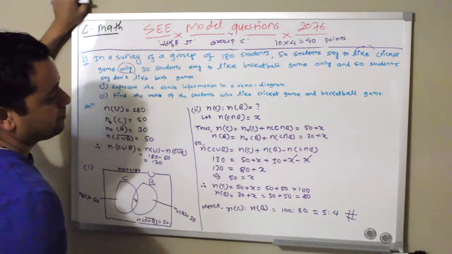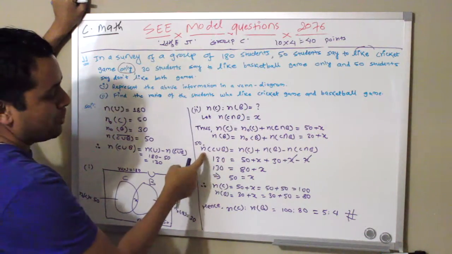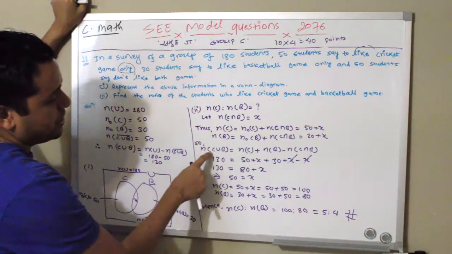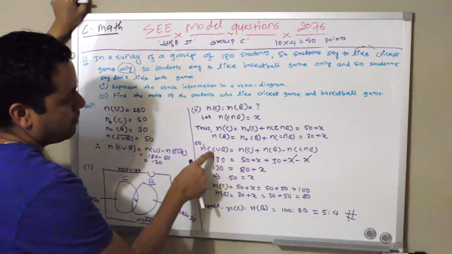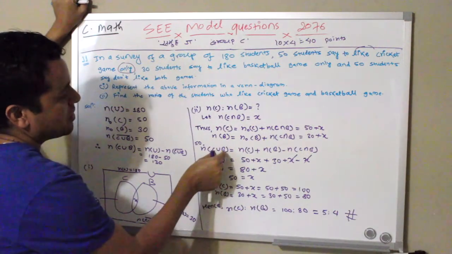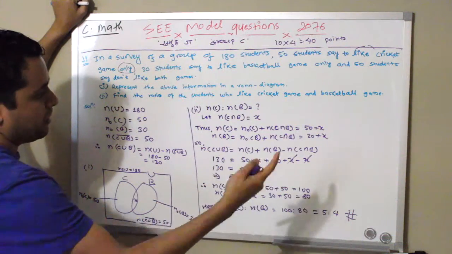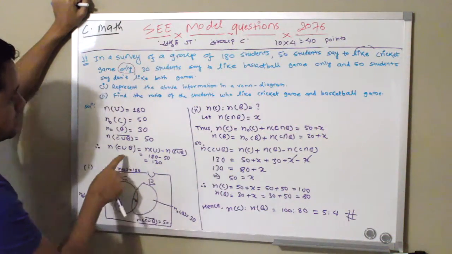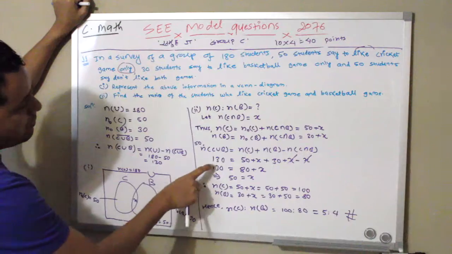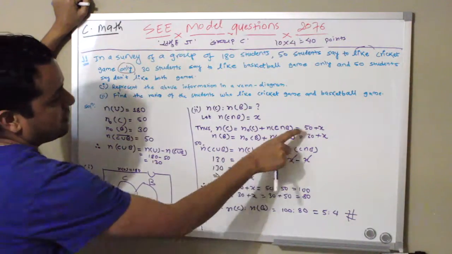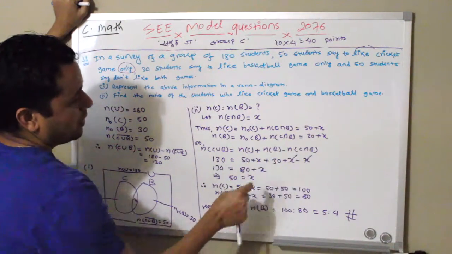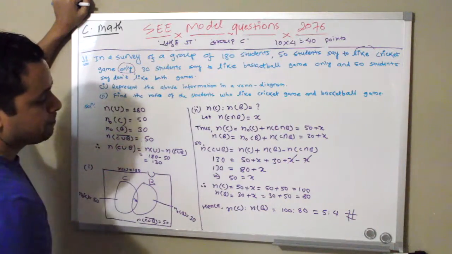Now you can use the formula for union. Number of C union B means number of C plus number of B minus their intersection. So put in every value that you know. We know C union B from here, 130. We know nC, nB and the intersection from here.